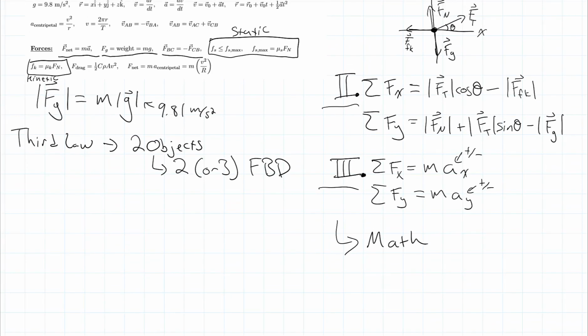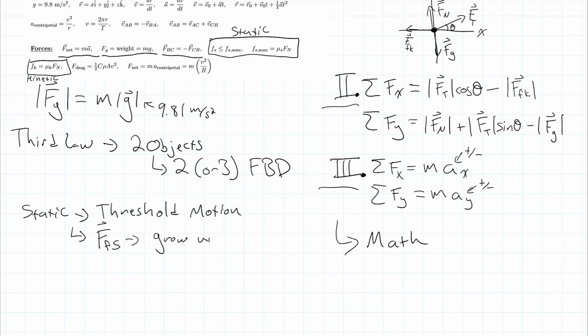So basically, with static friction, we're talking about a threshold for motion. And so the static friction force, F_s, will grow as you pull on an object or as you try to move an object, as static friction holds it there until you hit F_s max.